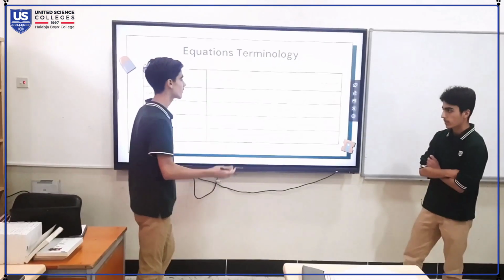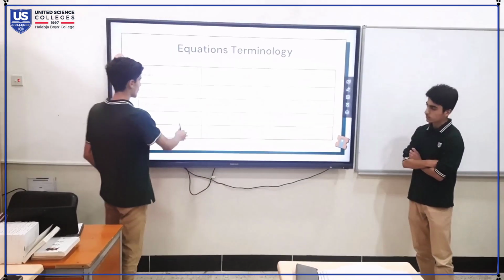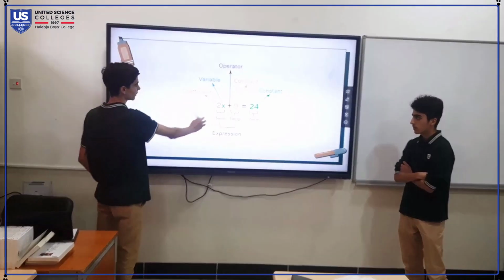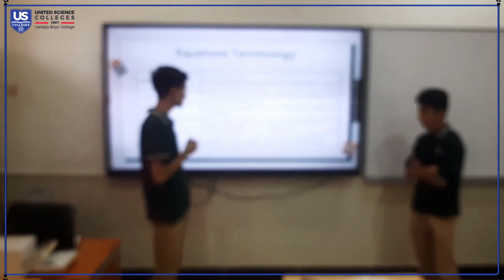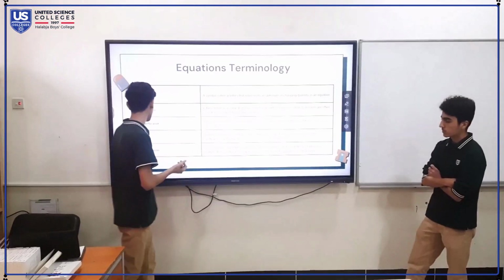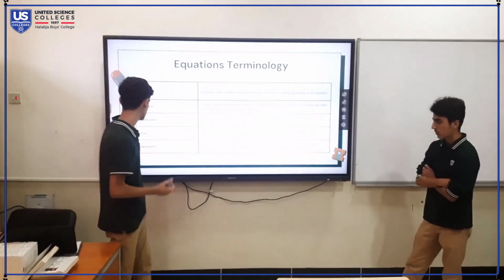For example, in the term 3x, we have the variable and the coefficient. We have a term, a single mathematical expression often consisting of variables, constants and coefficients; all of them we call a term. An expression is a combination of numbers and variables, just like a term.